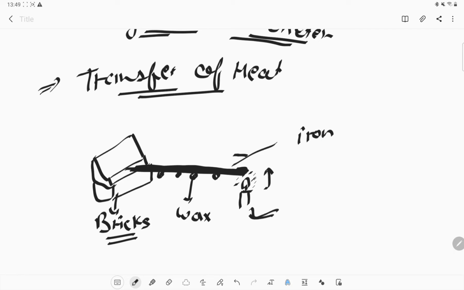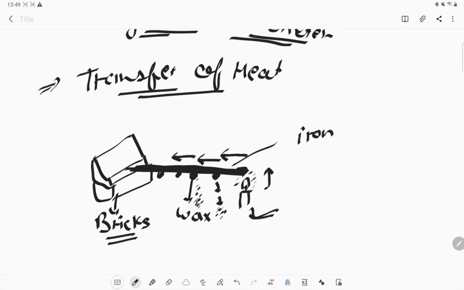What happens is the heat will transfer through the iron and reach the wax drop, and the wax will start melting and dropping off. Then the heat will transfer to the next wax, and that wax also starts melting and drops out.